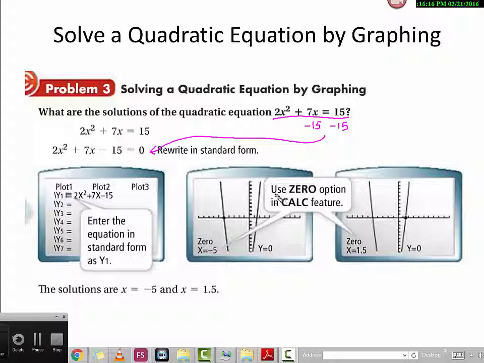Then you use the zero function of the calc feature in your graphing calculator. Then you will find x equal to -5 or x equal to 1.5 from your calculator. I'm going to show the whole process to you in the next clip.